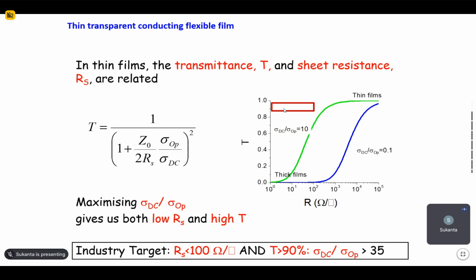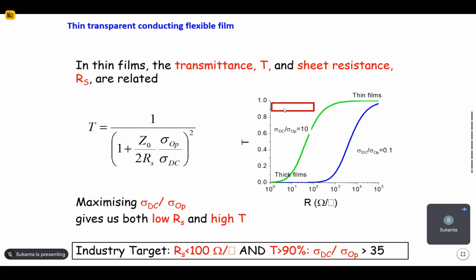Suppose for a conducting material, like copper, it is a good conductor and can conduct current, but it's not transparent, right? Most transparent materials are insulators, but what we need is a transparent conductor.